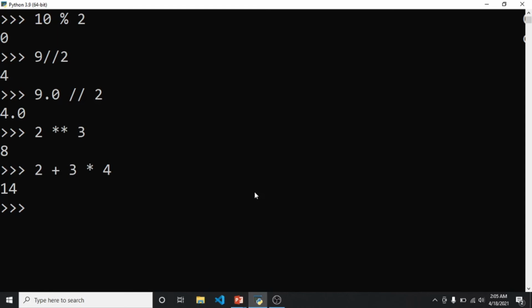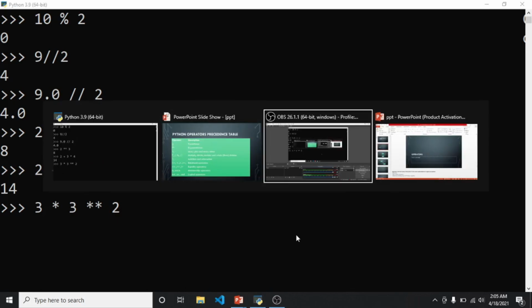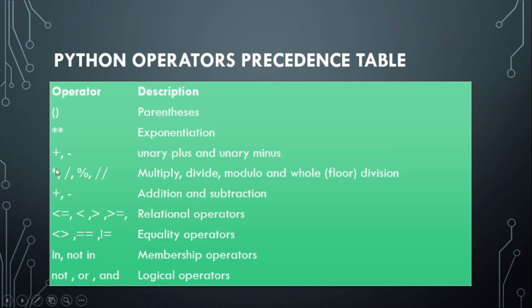Now, subukan naman natin dito sa isa pa. Lagay pa tayo ng panibagong expression: 3 times 3 raised to the power of 2. Okay? So, it involves different operations na naman. Ngayon, tingnan natin sa precedence table kung sino yung mauna. So, mauna yung exponential bago yung multiplication.